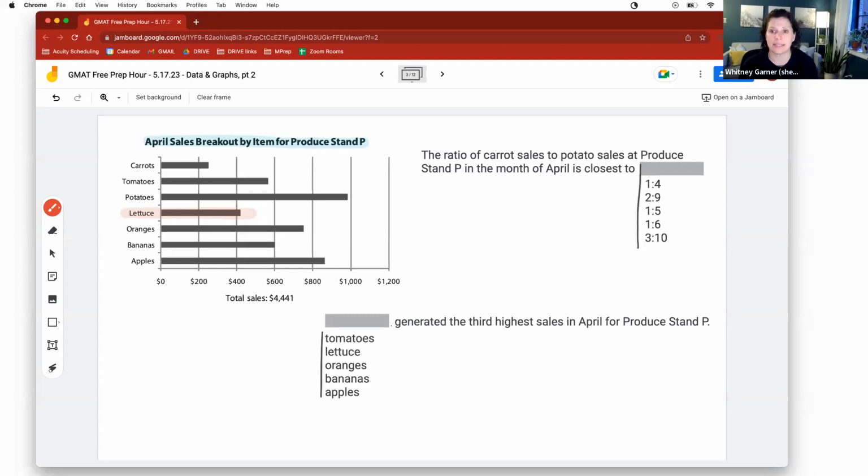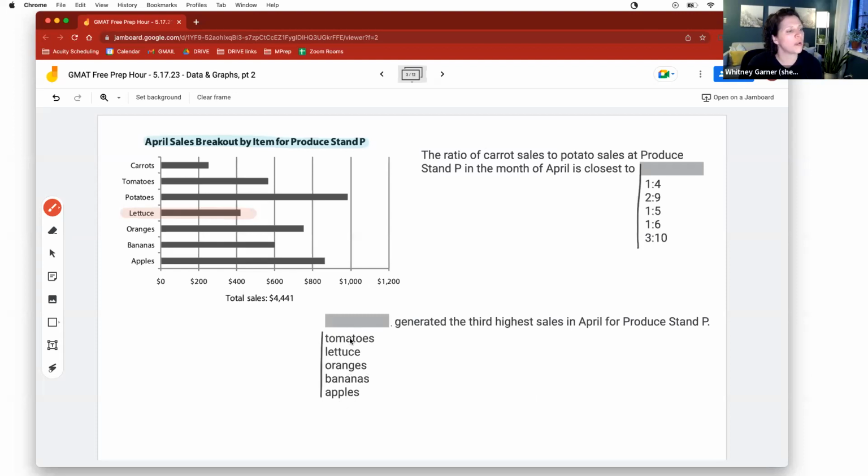Yep. Nice. I've got a couple people typing in. We've got that lettuce would represent just over $400 in total sales. Yeah, exactly. So we can start with either sentence, either drop down. We've got some ratios and then we've got some what looks like maybe reading off.